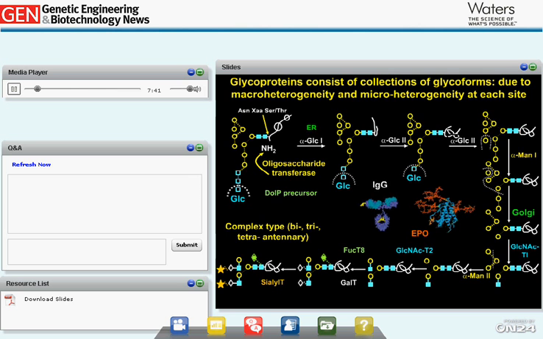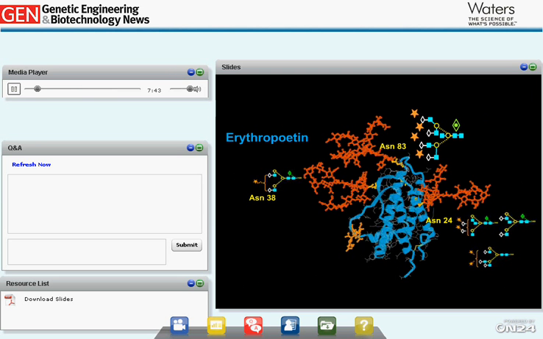So if you look at erythropoietin in a bit more detail, this is a secreted glycoprotein. Glycosylation is cell, protein, and site-specific. So in other words, if you express the same glycoprotein in different cells, you get different glycosylation. If you express different proteins in the same cell, you get different glycosylations.